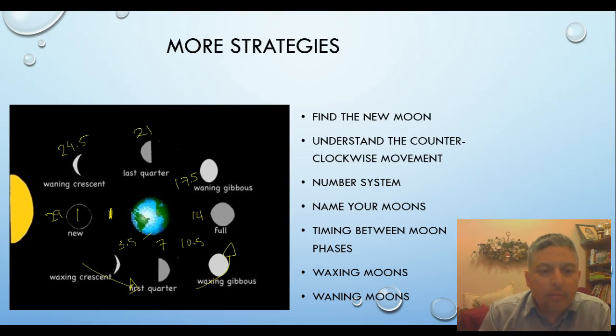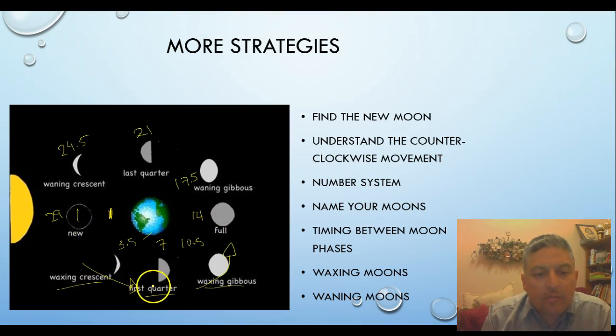Waxing moons and waning moons, once again, if you notice, now the waxing moons are on the bottom, they're underneath, they're not on the top, but that's because the sun is on the left side. If you follow the counterclockwise motion, you will see that your numbering system is going to go this way, 1, 2, 3, 4, 5.